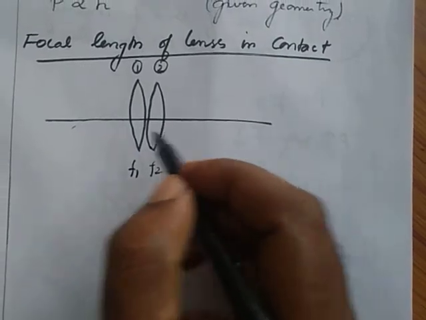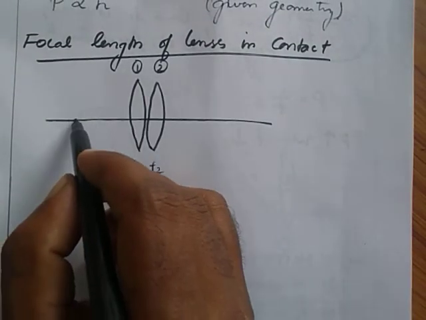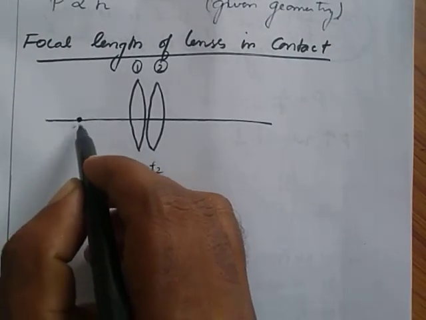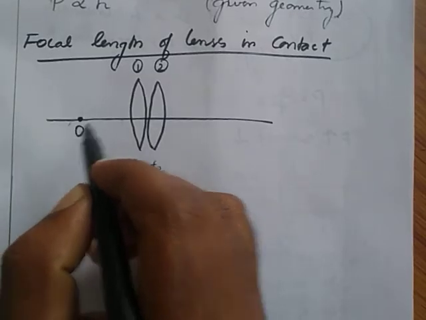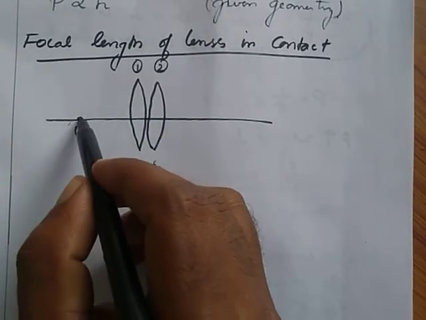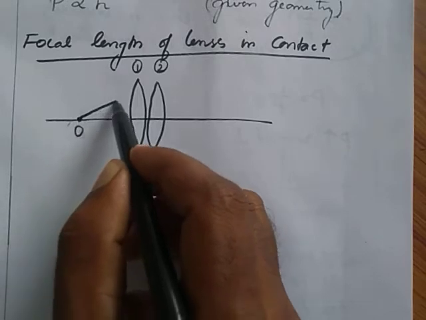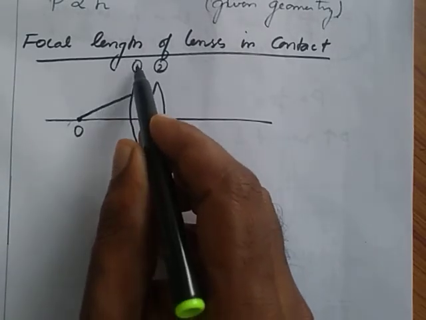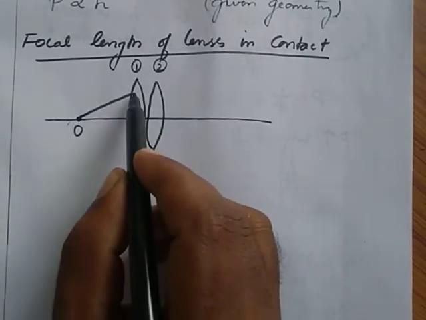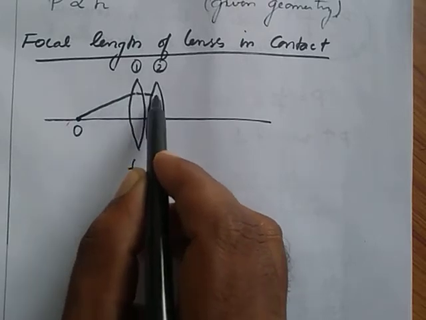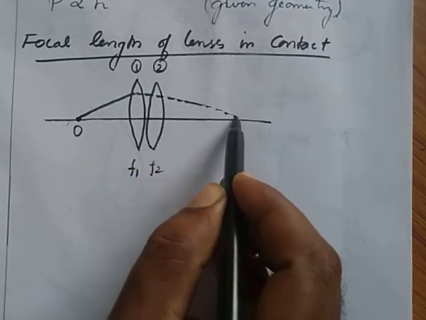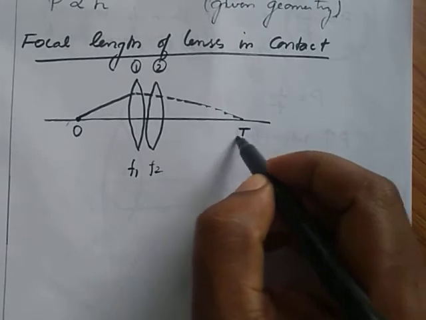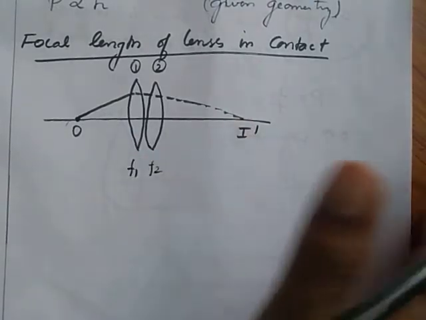If I place an object O, it will emit a ray of light onto the lens 1 surface. After refraction, it produces an image I dash on the other side of the lens.